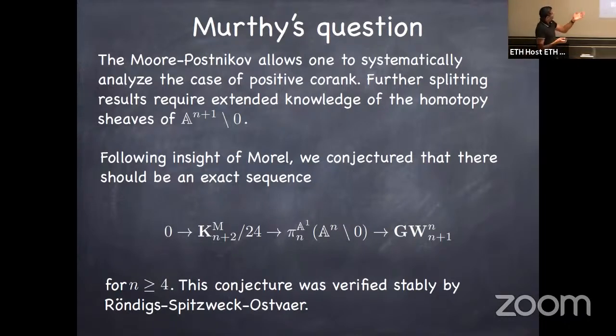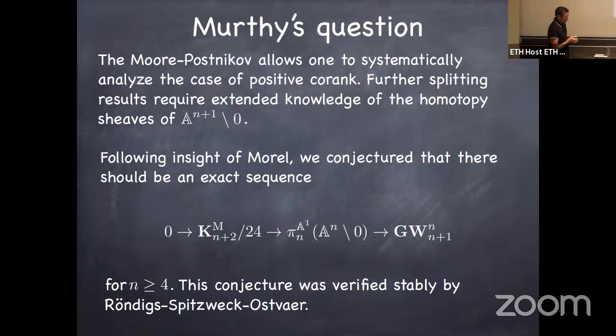And it turns out, number one, that if you know this conjecture, then Murty's theorem essentially, then you could understand the splitting of co-rank 1 bundles just based on what we know about cohomology of these sheaves.